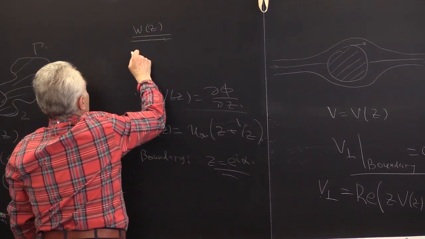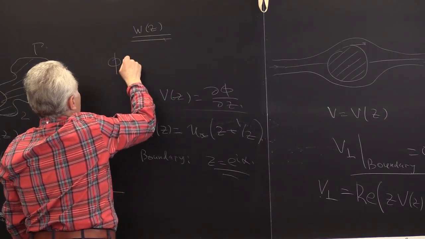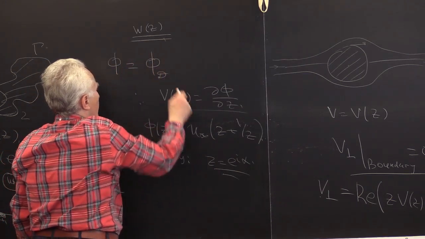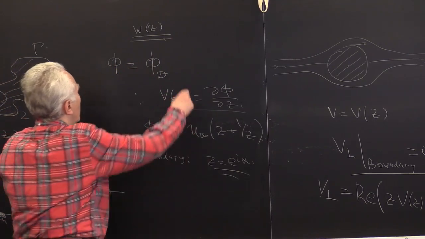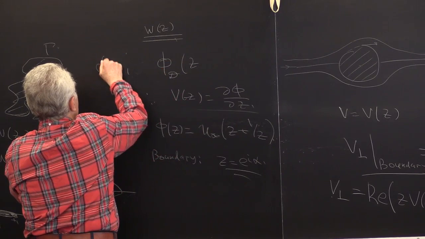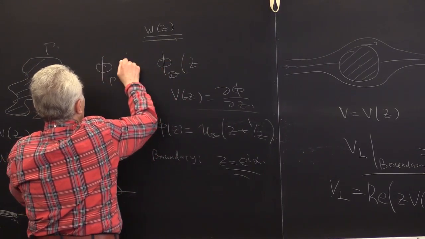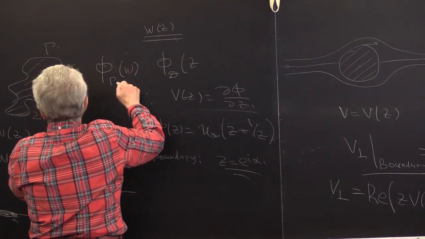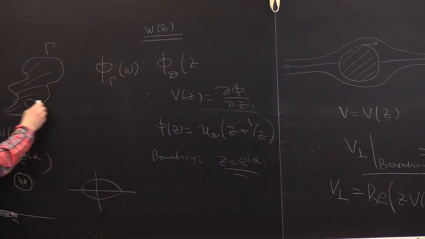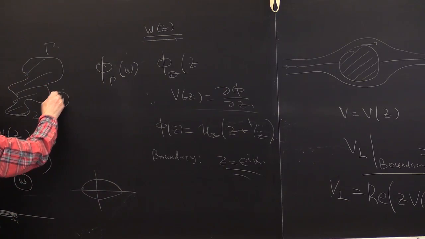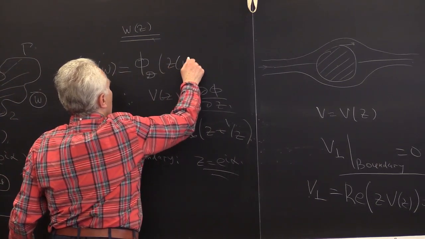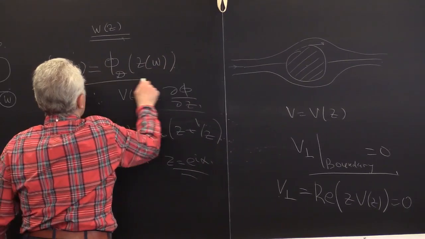Now, let's consider the complex potential, which is just the complex potential for the disk, but calculated. So the relation is: the complex potential for the domain gamma, which depends on W. Here we have z variables, here we have W variables, and they are simply equal to one another.